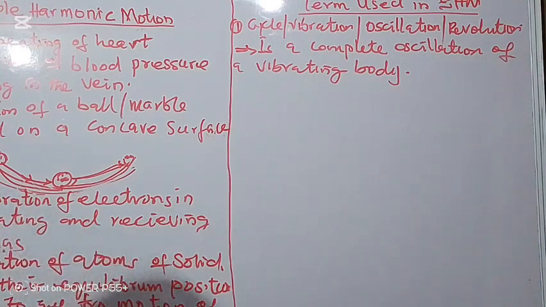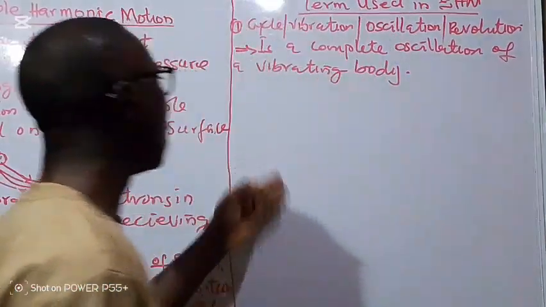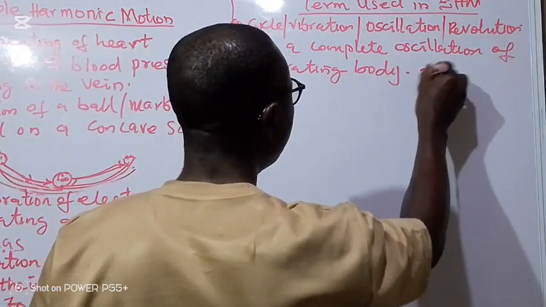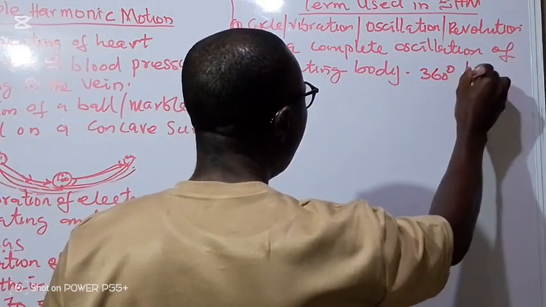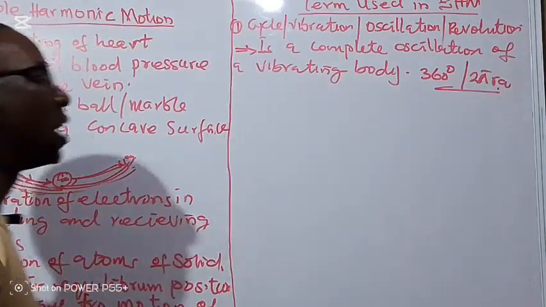And one complete oscillation, as I said, under circular motion is equivalent to 360 degrees or 2 pi rad. That's one complete oscillation.